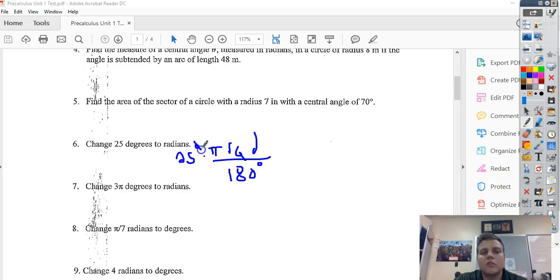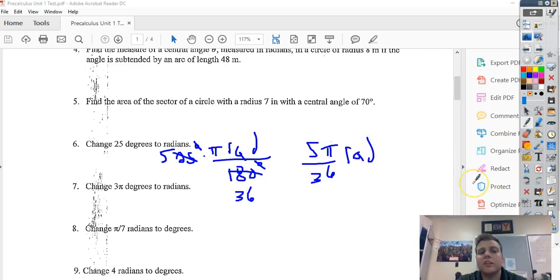The degrees cancel out, and 25 and 180 can both be reduced by 5. 5 goes into 25 five times, and 5 goes into 180, 36 times. So you get 5 pi over 36 radians.